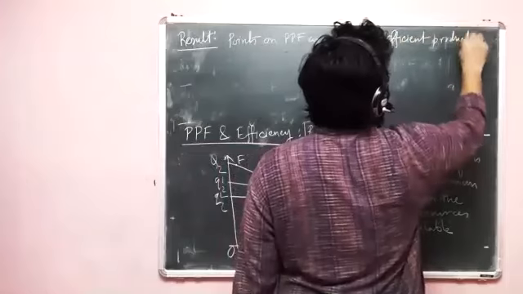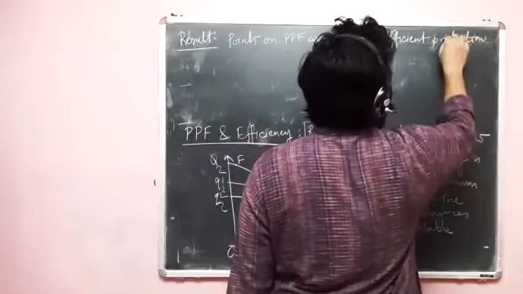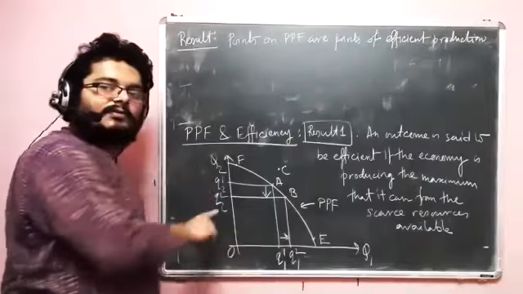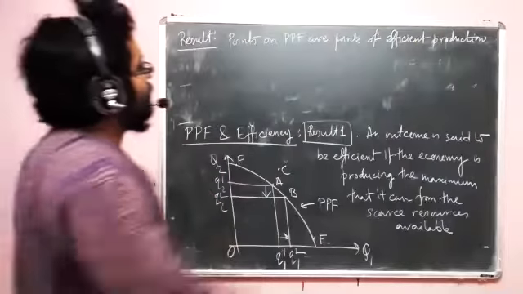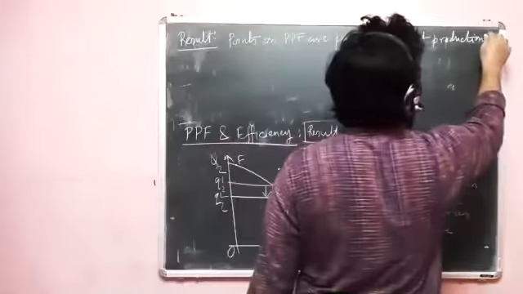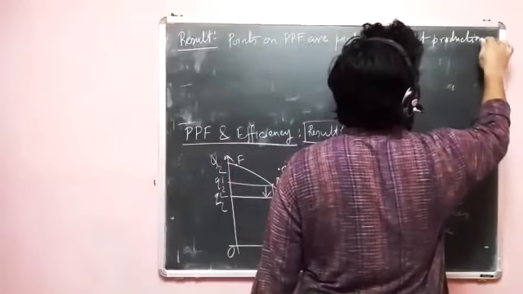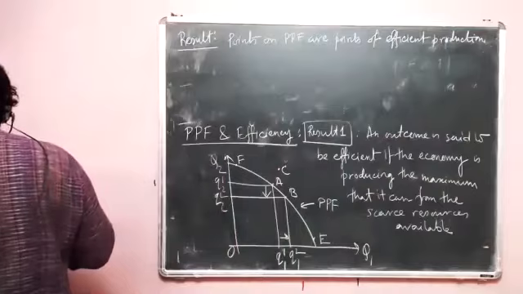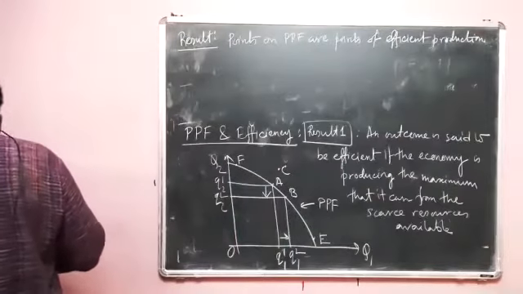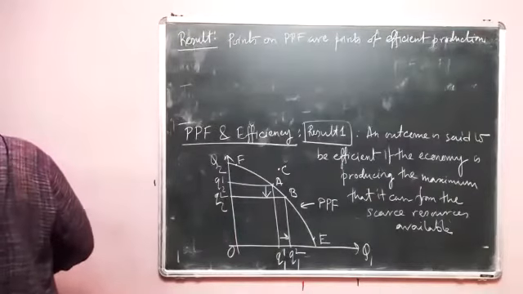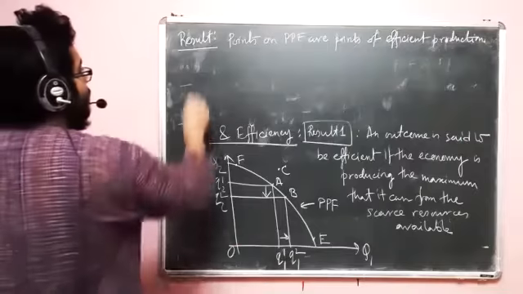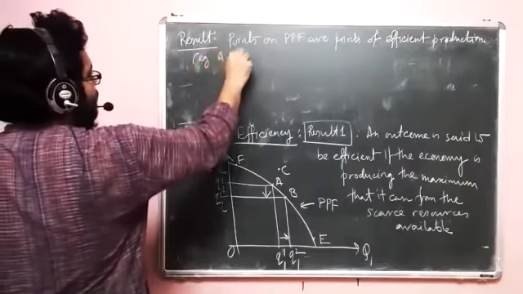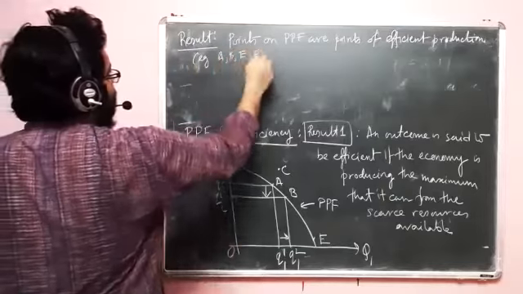Efficient production. Think of this. What amount of Q1 and what amount of Q2 will be produced? That's a separate question. But they are points of efficient production. So in our diagram, we have examples such as our points A, then B, then E, then F, right?